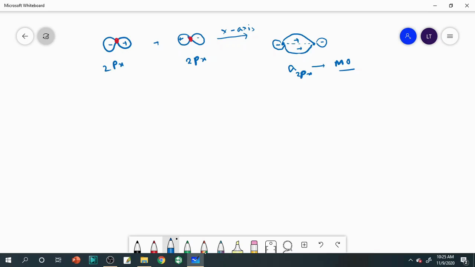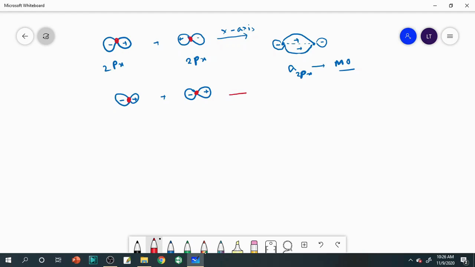Since we have chosen the molecular axis as the x-axis, the 2px orbitals will interact among themselves to form the sigma 2px, and in a similar way there will also occur the formation of the sigma star 2px, and the pictorial form will be like this. Here the opposite sign will be there, here plus and here minus, opposite sign of the wave function, that is orbital.